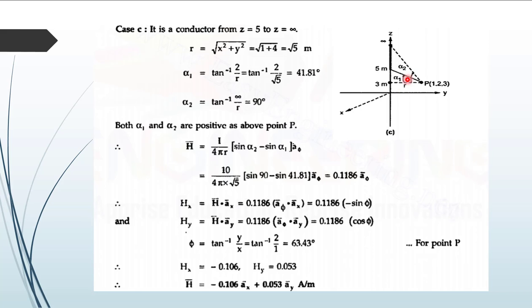Now what is angle alpha 1? It is the angle made by this perpendicular with the first end. So this is alpha 1, and we have to find it from the geometry of the figure.